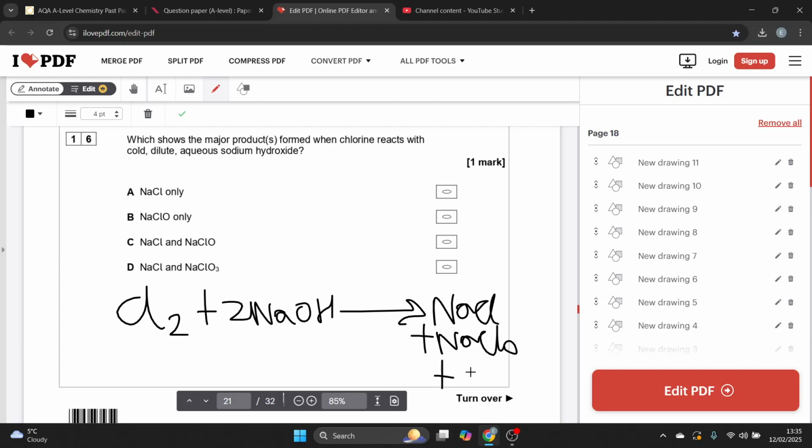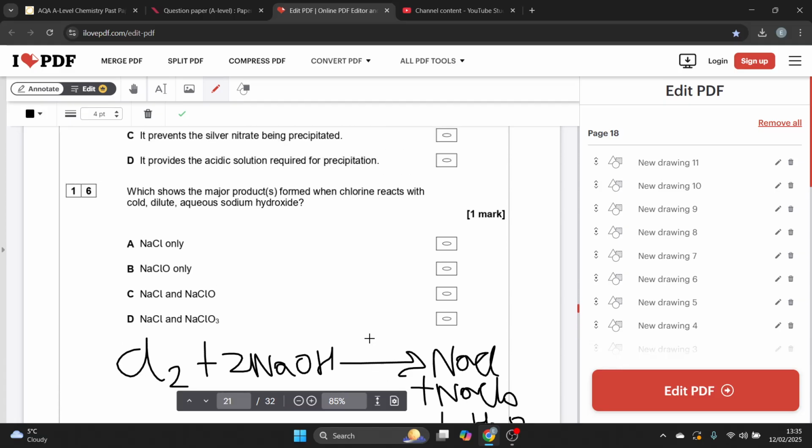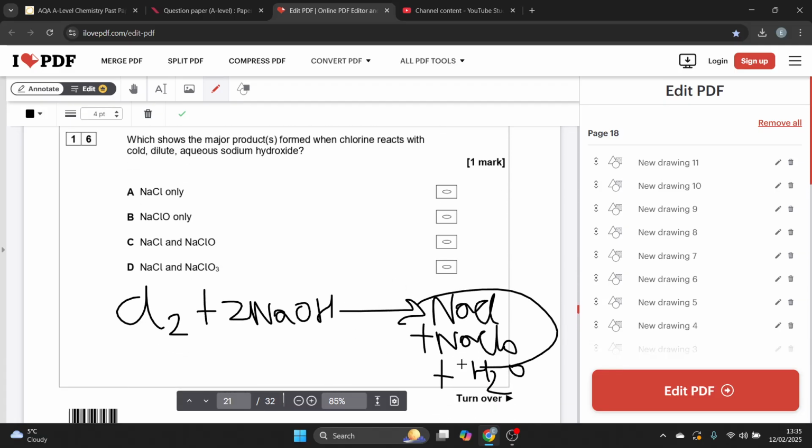NaClO, NaCl, plus H2O. So the major products are NaCl and NaClO. So therefore C. An equation you have to memorize.